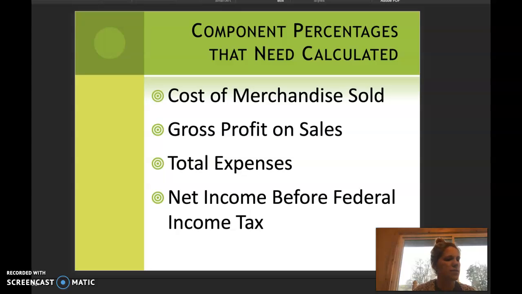And so as you'll see as we do the work together, our net sales amount will be 100%, and then we're taking all other amounts, so those other 4, divided by whatever we have for net sales, and you'll round to just one decimal place for it. And that's the very last thing you do when completing the income statement.